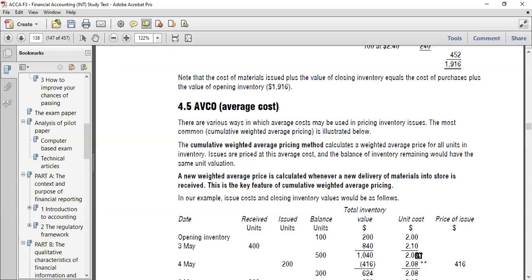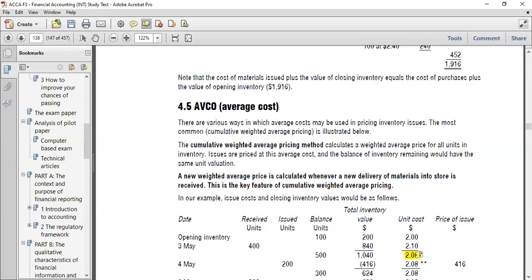Do you see what we get? We get 2.08. That is what we get as our weighted average cost of this inventory.